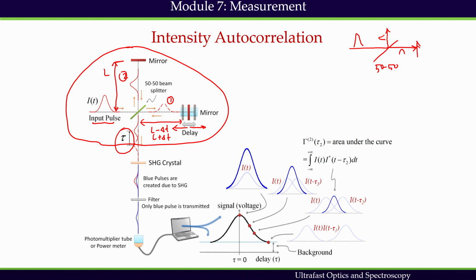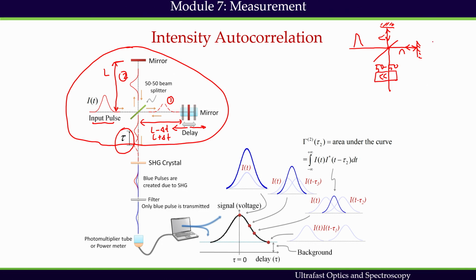Then I have mirror here, and if the mirrors are placed at the equal distance, then they will again come back to this point after the reflection. They will come back to this 50-50 beam splitter at the same time, and again 50% of that baby beams will be, so this beam will be transmitted and this beam also will be reflected. So, this output beam is this 2.